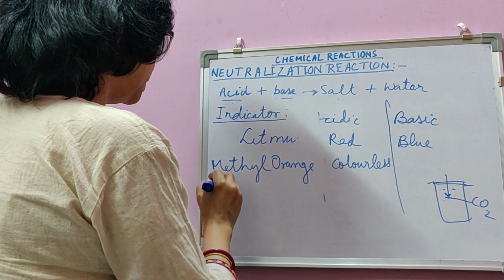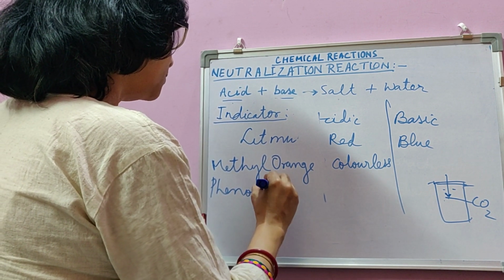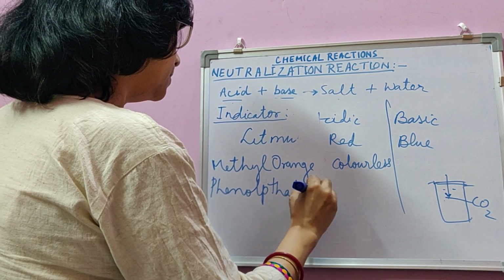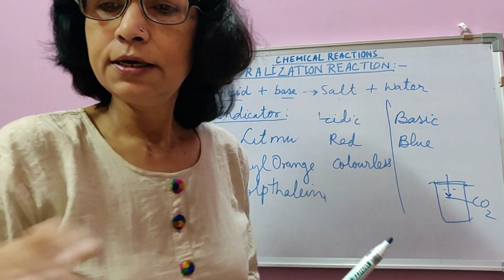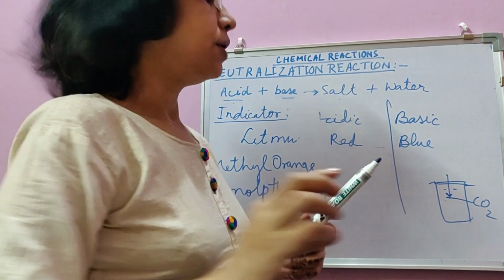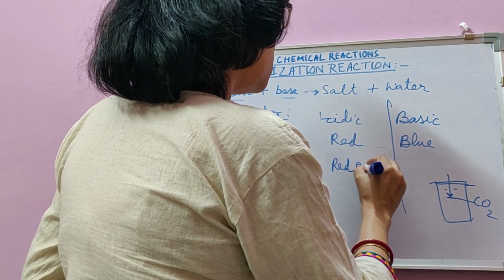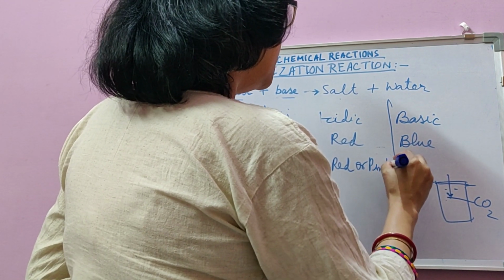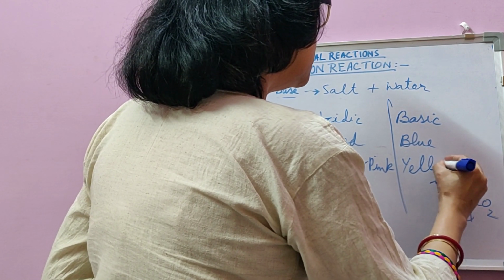There is one more indicator in your syllabus, that is phenolphthalein. Methyl orange stays red or pink in acidic medium, but in basic medium it turns yellow.